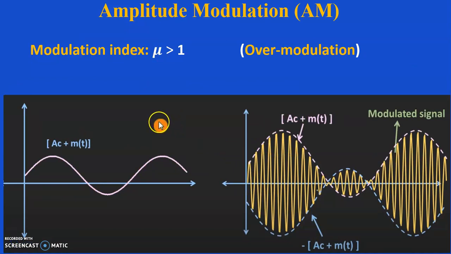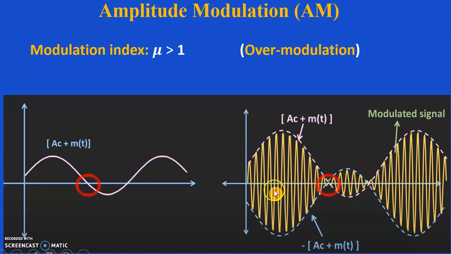Now, whenever this modulation index is greater than 1, or in other words, whenever this envelope signal crosses the 0 points, at that time there will be a 180-degree phase reversal at the crossover point.